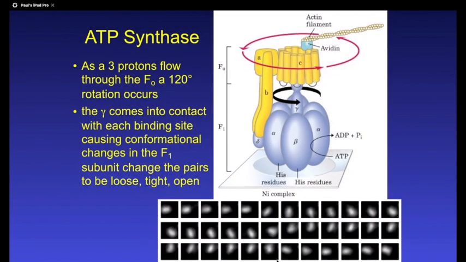Okay, here's an experiment that they set up. They actually put the head group and they bound it to a slide on a microscope. They also then put on a binding molecule that bound to this rotor portion, and then they put on an actin filament that had a fluorescence dye so they could see it. Okay.